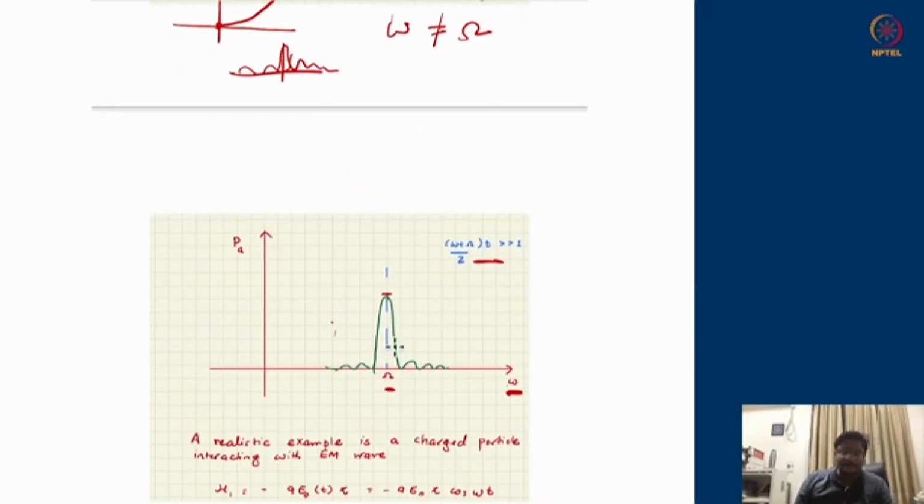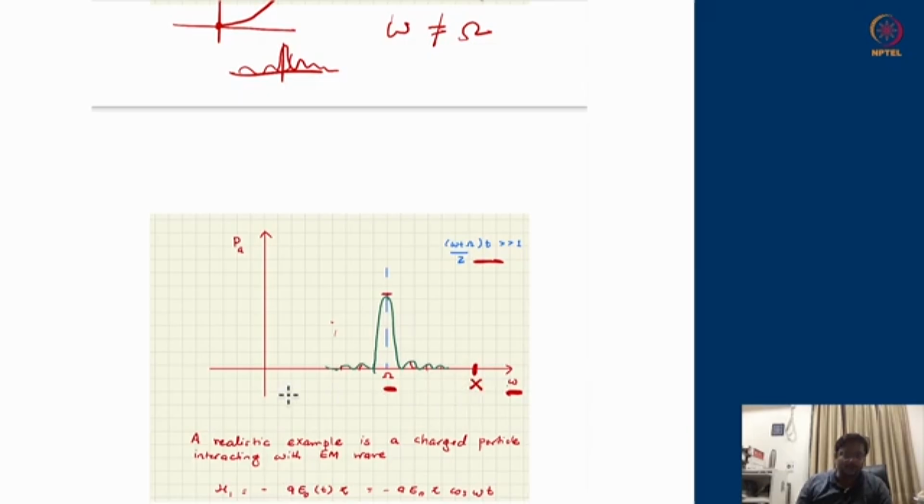But at all other frequencies, things are not very large because the sync function is not very large away from resonance. If you go away from resonance, the sync function quickly dilutes to an oscillatory and decaying function. It will not be very large. And if you are really far away, for example, your driving frequency is somewhere here, while your energy gap is somewhere here, you will almost get no transition whatsoever.